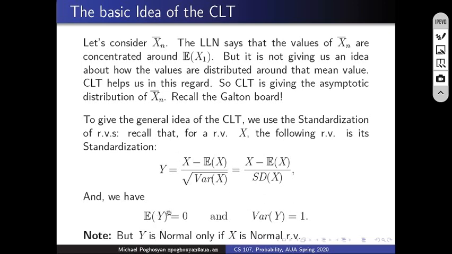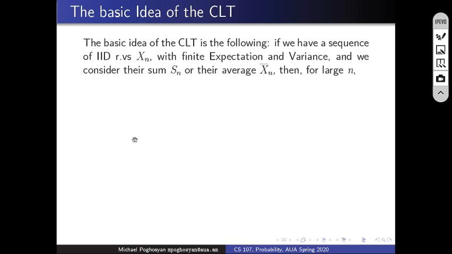In general, Y is not normal. Y will be a normal random variable if and only if X is a normal random variable. So I cannot write that Y is normal with 0, 1 parameters. I can just write that the mean of Y is 0 and the variance of Y is 1, for general X.